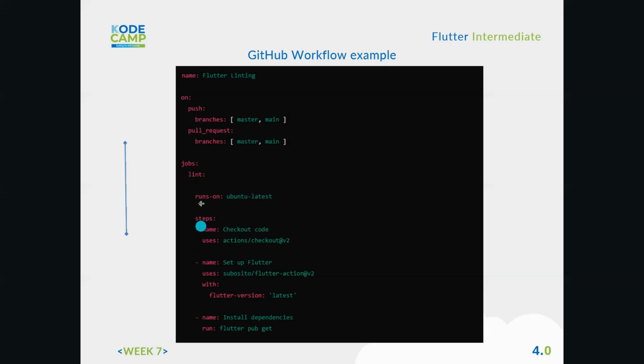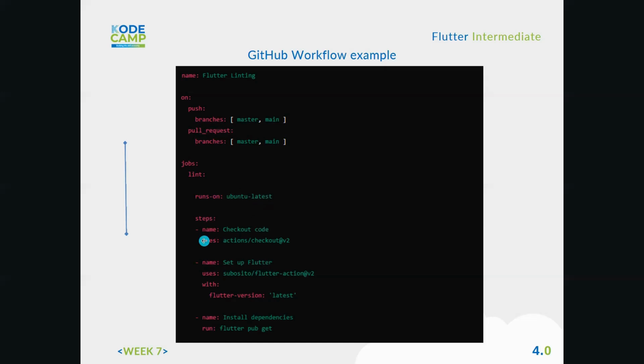Now after we have given it an ID, we have to decide on what server we're going to run it. So you say runs-on, and we choose ubuntu-latest, because we want the latest, which is basically a Linux environment, right? This just specifies the operating system that the job will run on.